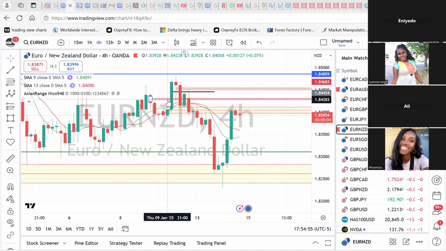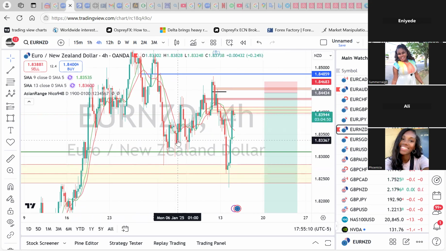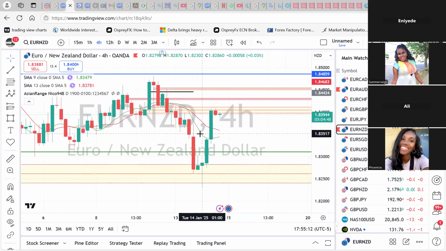And I'll give you an example. You see how this price came down and we touched the imbalance over here? We had an imbalance right here, and right here. You know what an imbalance is? Okay. Did you notice these two big candles that went up? Did you notice this big imbalance from here to here?